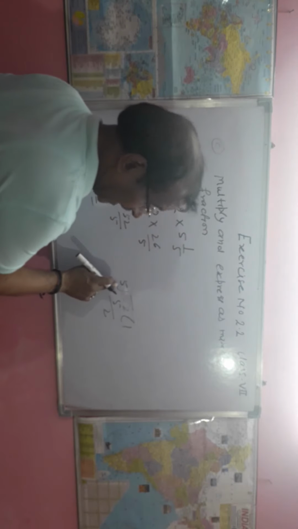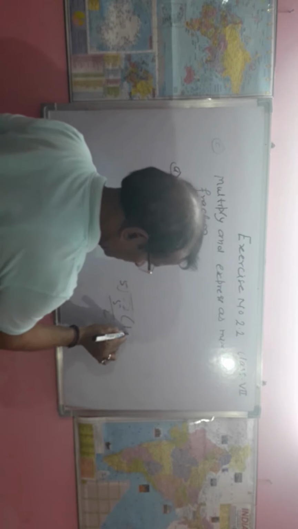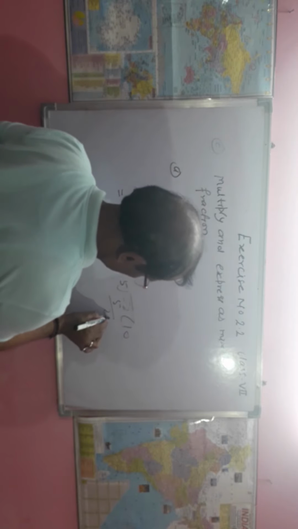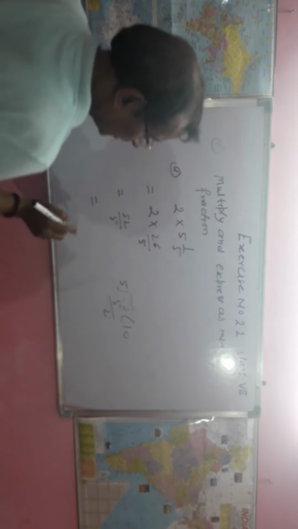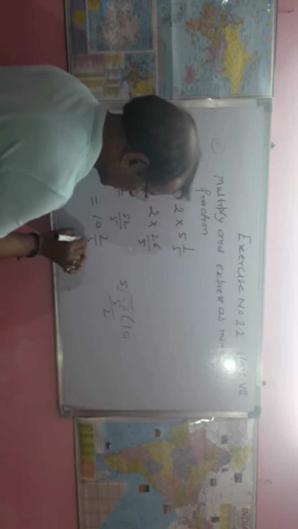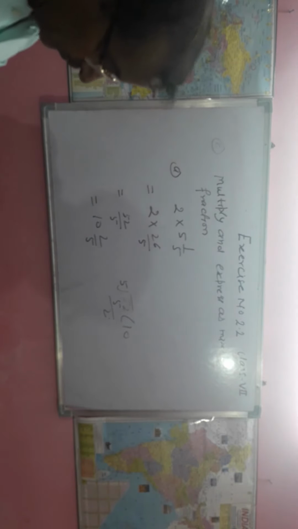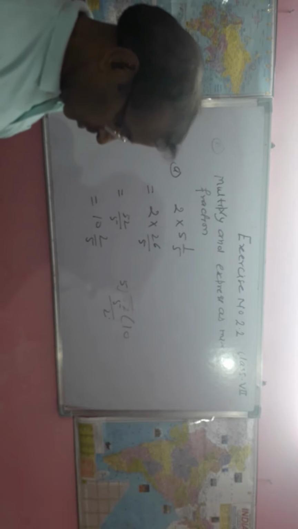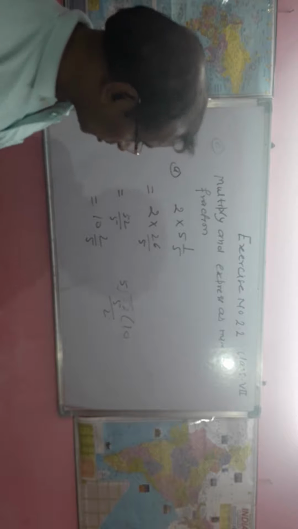We cannot divide 2 by 5, therefore we put 0 here. Then we get 10 whole and 2 upon 5. Then the answer is 10 whole 2 upon 5. Now all of the students can solve such types of questions.